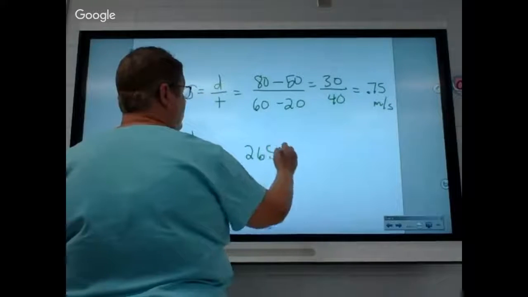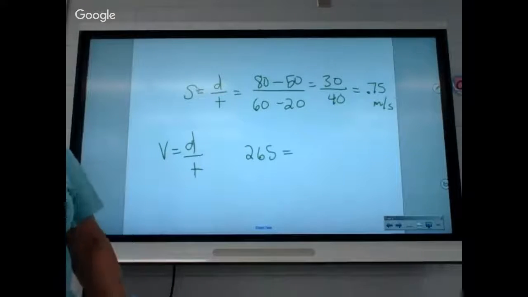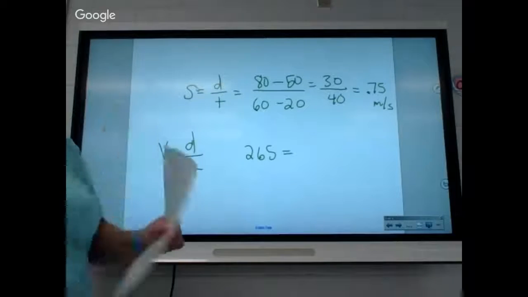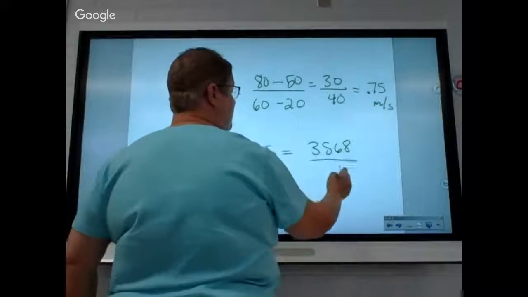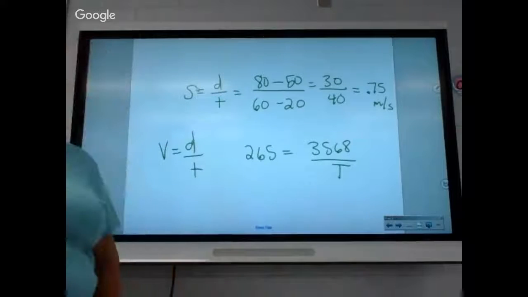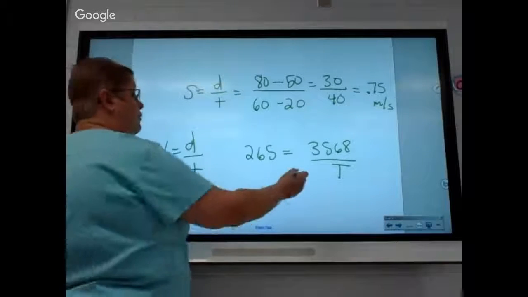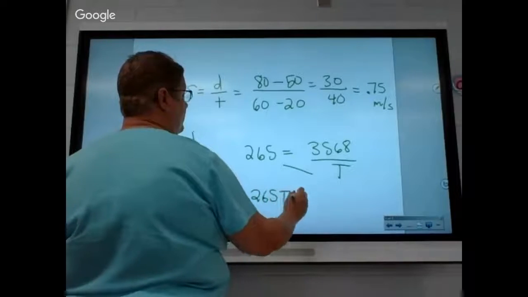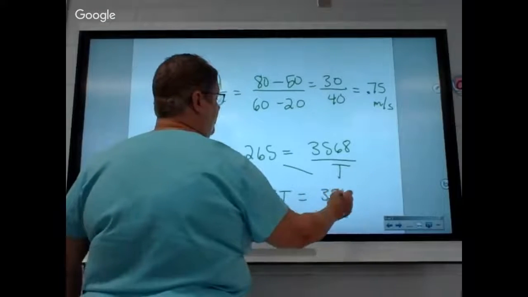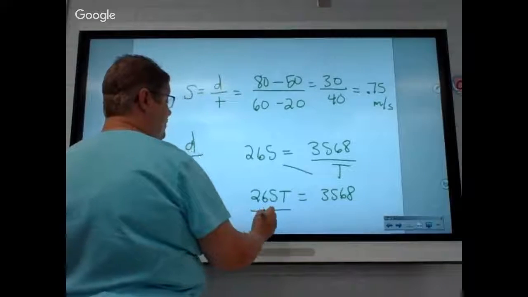All right, what's the distance in number 7? 3,568 over t. So what do you got to do to solve for t? Divide. Cross multiply first. Well, really, all you have to do is just divide by 265.